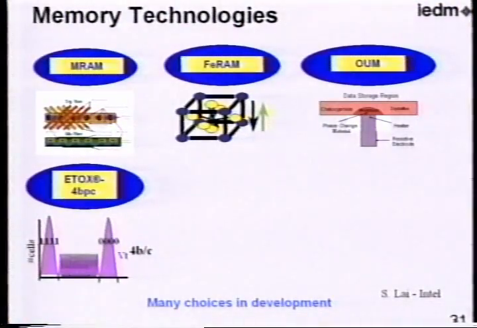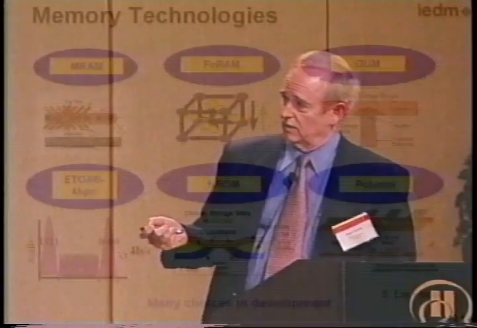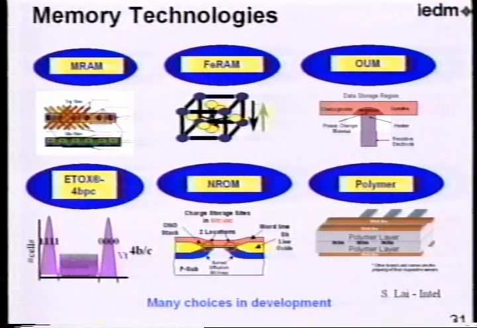But the issue here is it's probably only scalable to about 65 nanometers. Then there's NROM, a nitride gate type effect where it stores charge at these bits. You get 2 bits per site in this case. And some polymer type works where the polarization changes with the switch here.